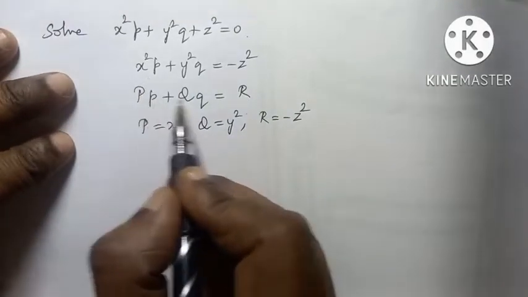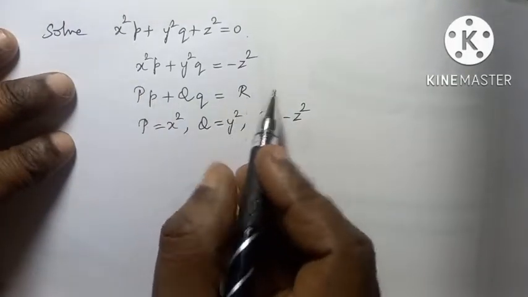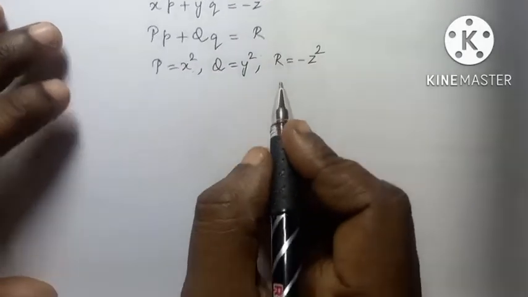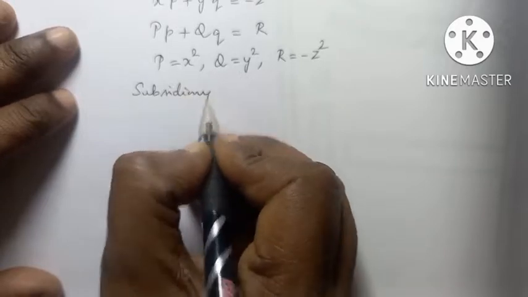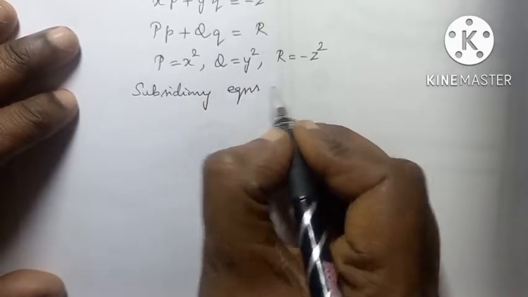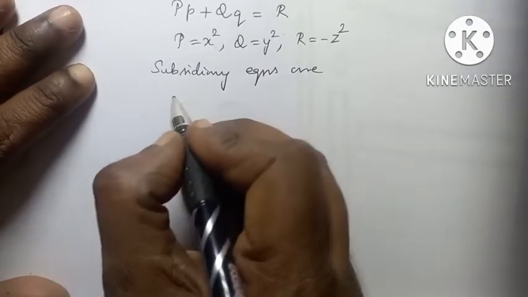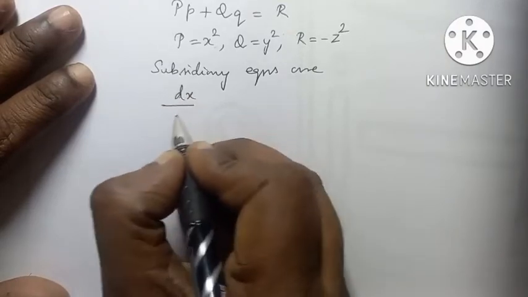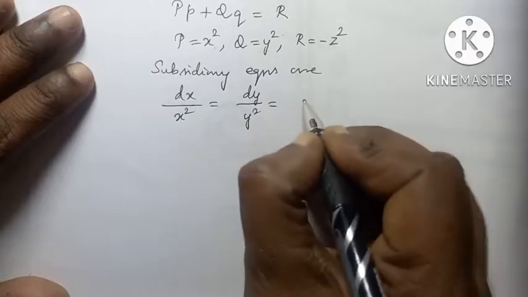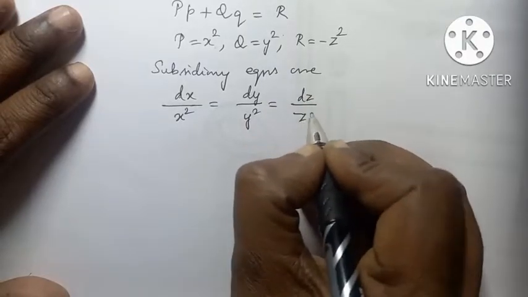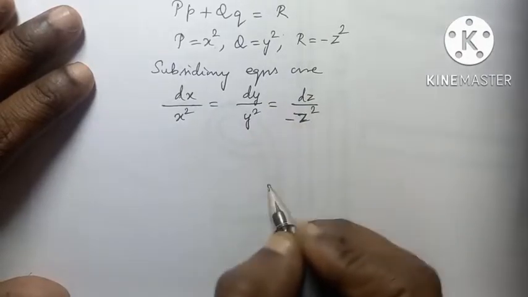First let us write the subsidiary equations. The subsidiary equations are dx by P equal to dy by Q equal to dz by R.